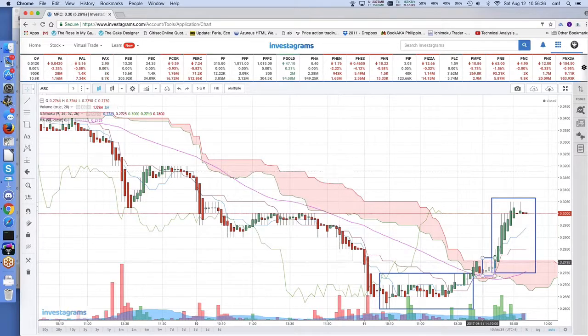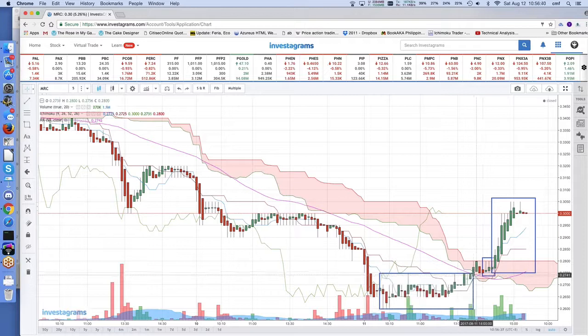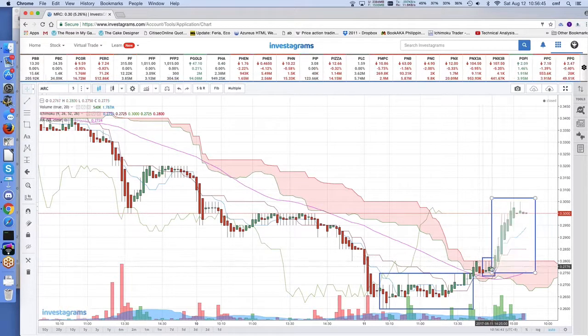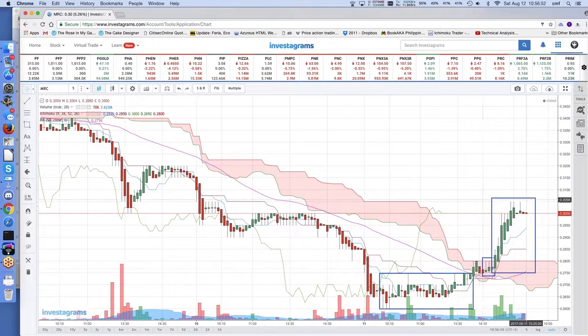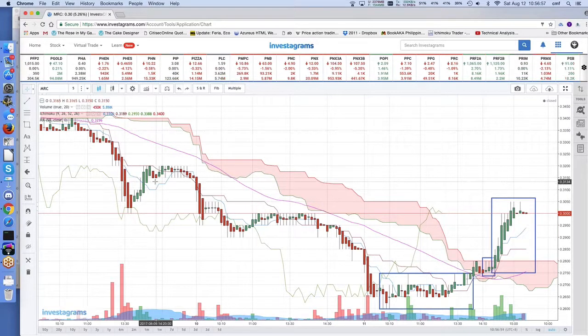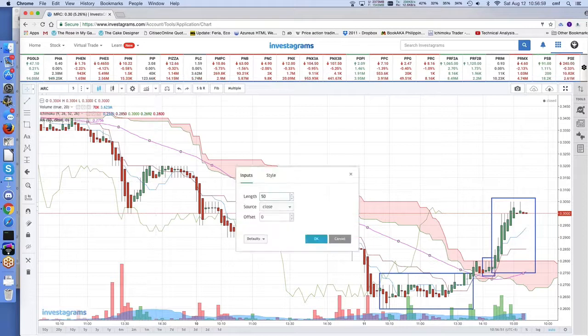So at this point, traders got interested when it broke above the SMA 50 line. There was accumulation here and then a breakout above the kumo. So this is why there's a strong move upward, because it bounced off the SMA 50 line. But like we saw earlier, there's already resistance at 30, which was the MA 200.